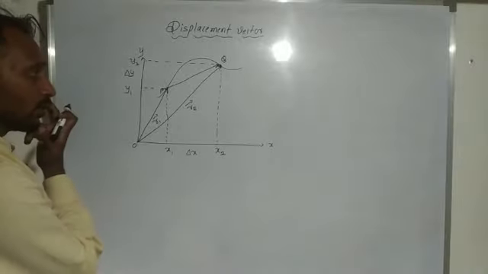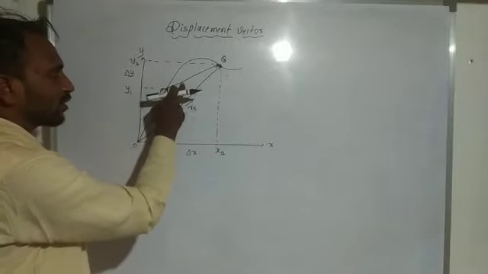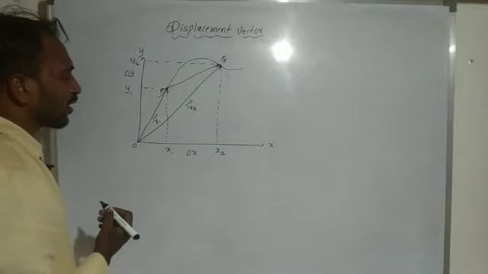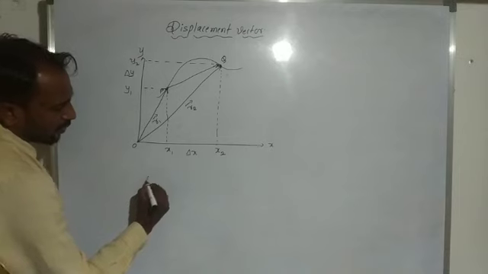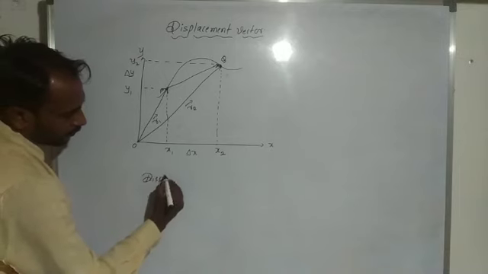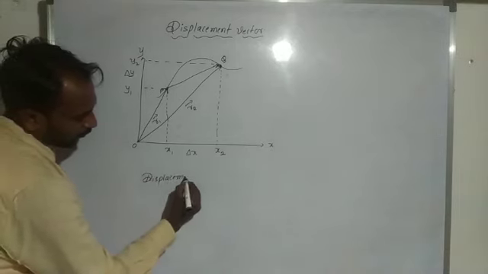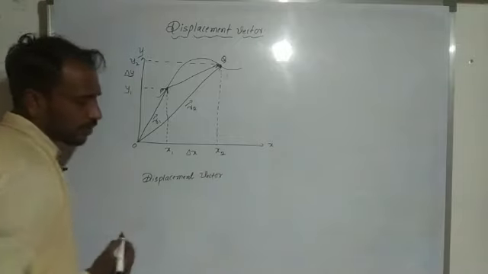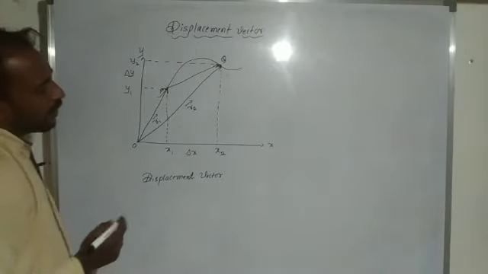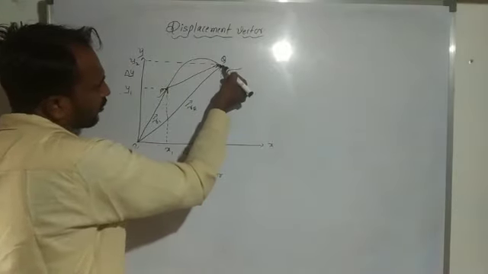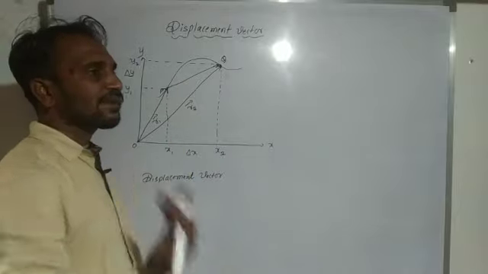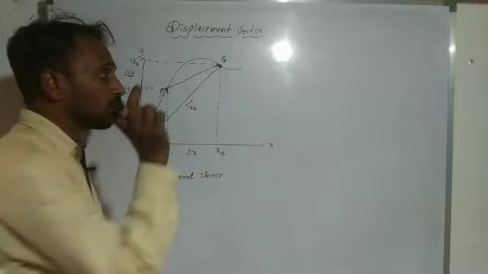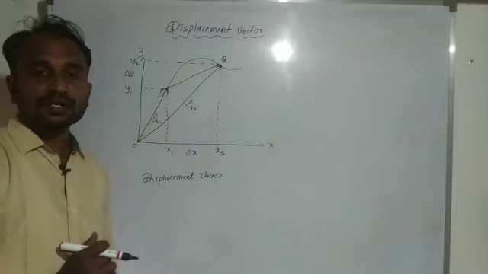Okay, so here we have two position vectors and a displacement vector, and we want to calculate this displacement vector. How to calculate it? If you subtract the initial position from the final position, then we get the value of the displacement vector.